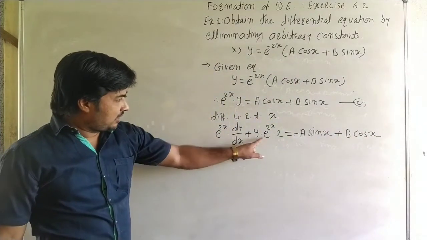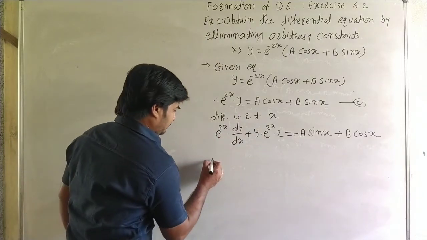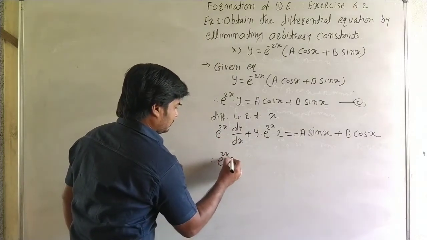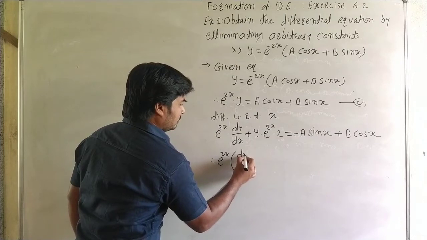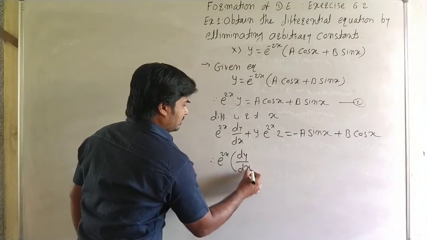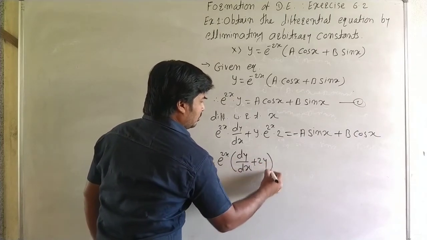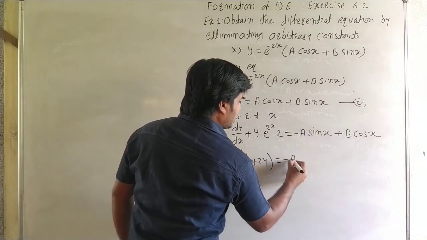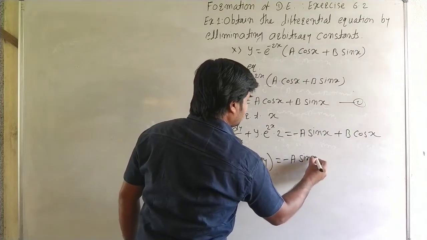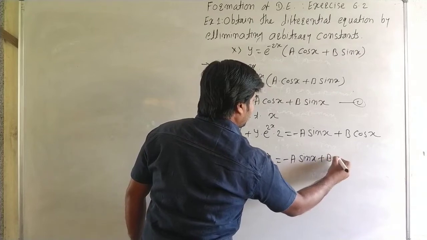Now again take e raised to 2x common, we get dy by dx plus 2y is equal to minus a sin x plus b cos x.